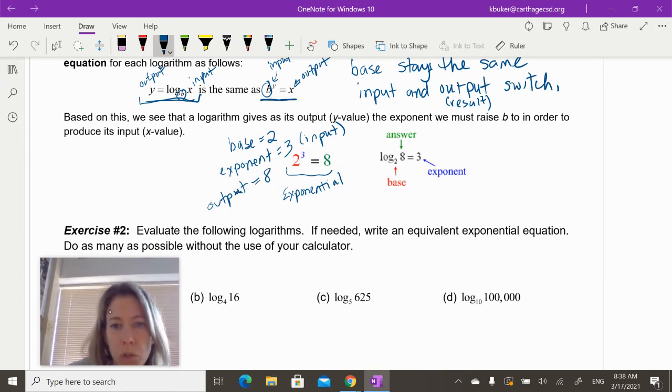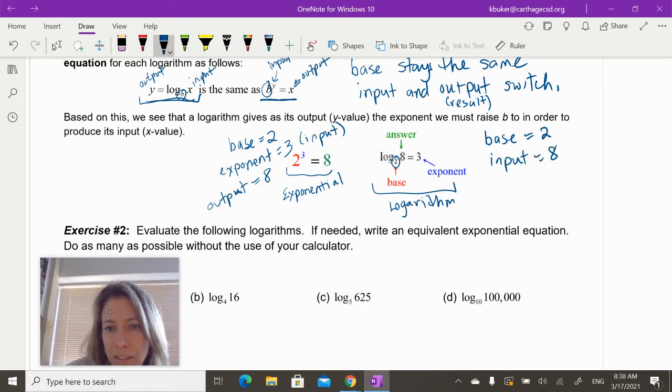If we're converting it to a log, which is short for logarithm, notice how our base is still 2, and they have it color coded here. The base is 2, but now our input is the 8, and the output is the 3. So the output of a log was originally the exponent of the exponential.